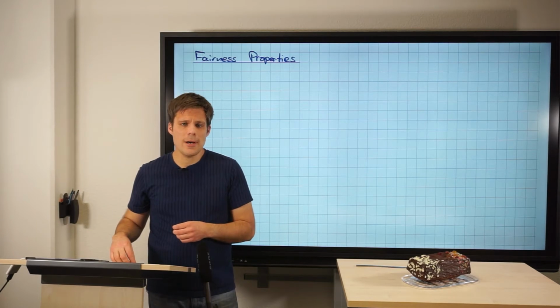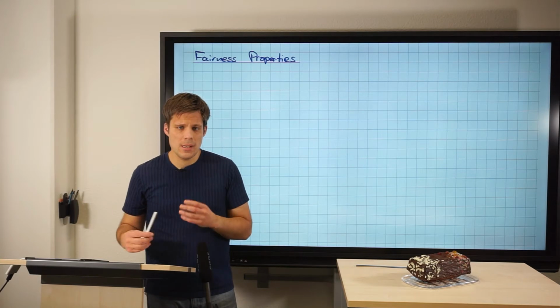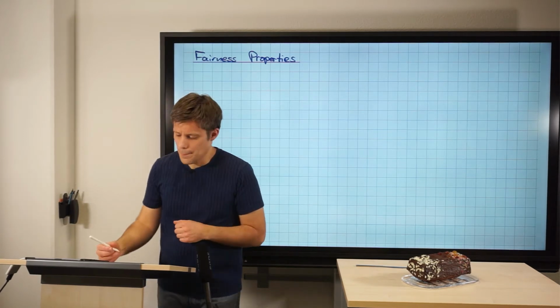And indeed, this is why there are multiple different fairness properties. Let's see 3 of them.